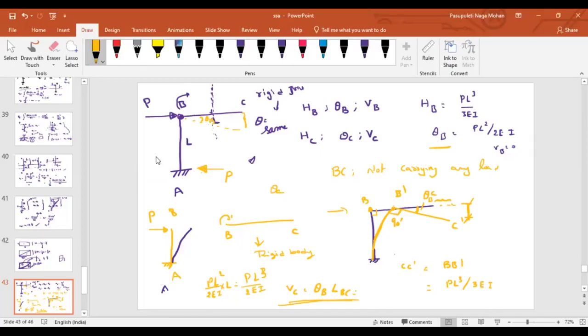Portion BC was a horizontal member. After the deflection, is it the horizontal member or the inclined member? It has become inclined, so obviously the slope exists. What is that slope? Same as theta B. Yeah. So the deflection at any point in BC is equal to the deflection at point B.